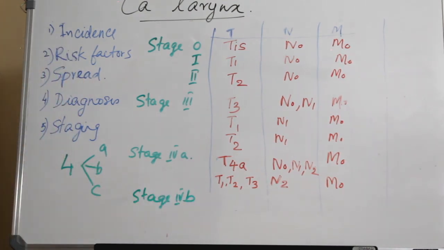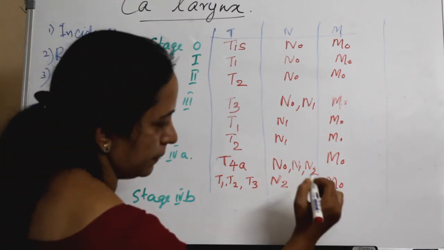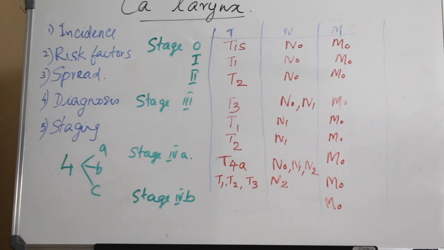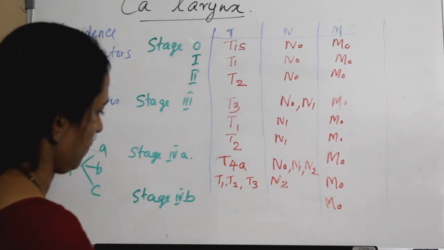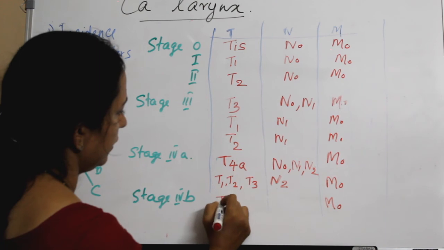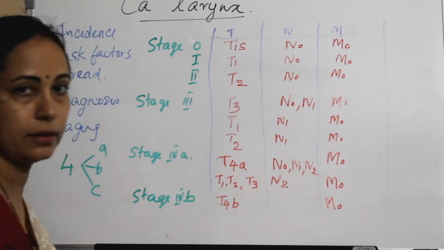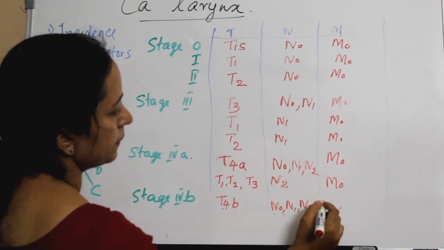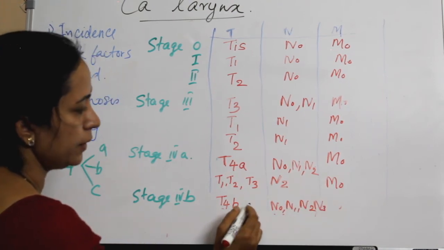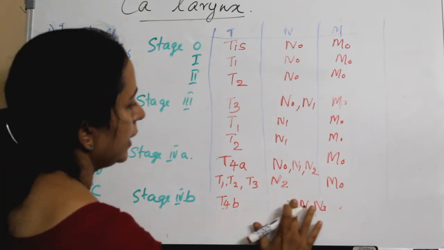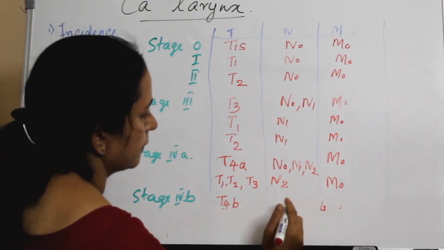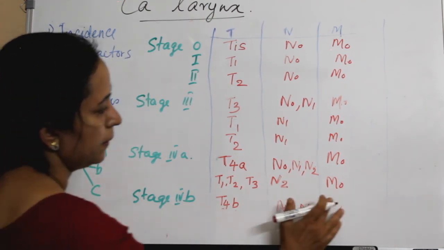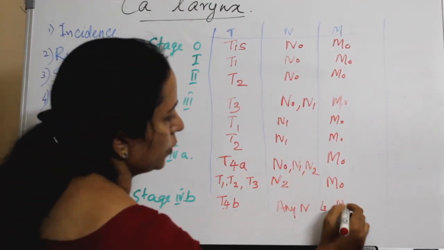Stage 4B: again the distant metastasis should be 0, and here T4B with N0, N1, N2 and also N3 will come, that is T4B plus any N, is stage 4B, but here it should be M0 only.